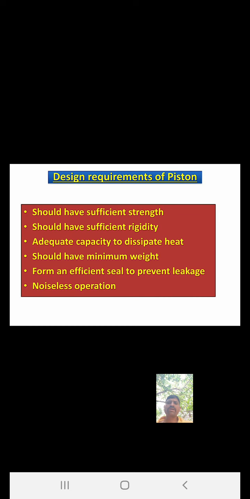Aluminum alloy has the minimum weight as compared to the cast iron, 3 times lighter than the cast iron. It should form an efficient seal to prevent leakages. Okay, we have seen we are using rings to prevent the leakages. And the operation should be noiseless.